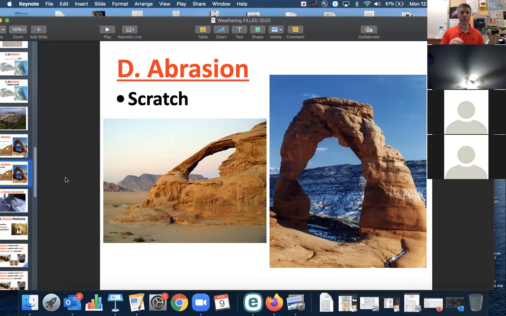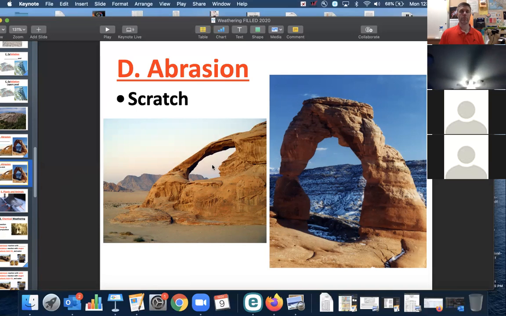But abrasion, wind blows pieces of sand, and over time, those little pieces of sand colliding with rock and with other material will eventually wear it away. It weathers it and erodes that material away. So that's how we get these natural arches and things like that.